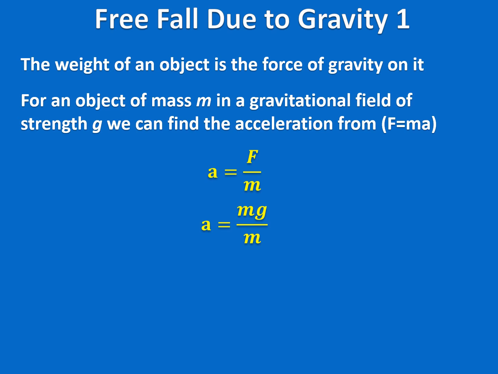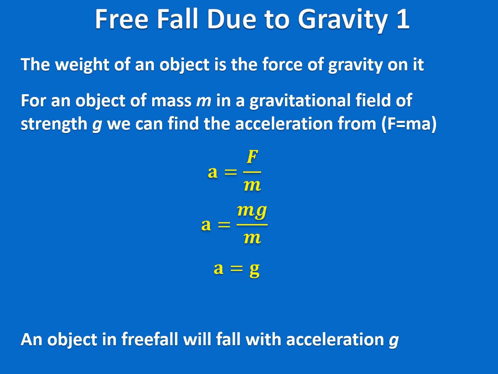Substitute that into this relationship, so you get the acceleration is equal to the mass times g over m. Those m's will cancel out, and you'll be left with the acceleration equal to g. So an object in free fall will fall with acceleration g, and that's independent of its mass. If it's dropped in free fall, it will fall with g, which is 9.81 meters per second squared.